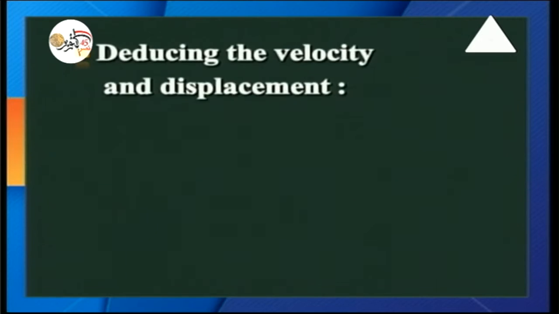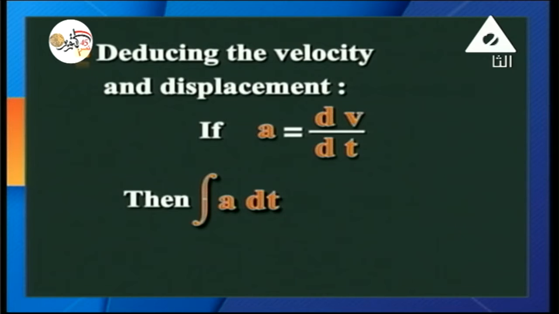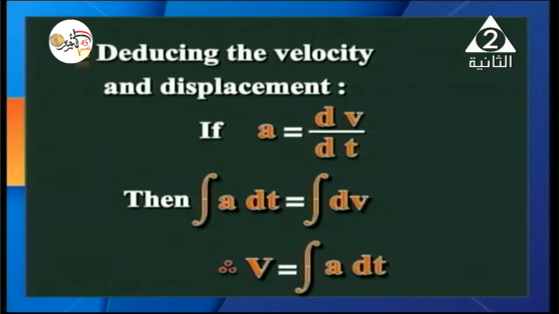Deducing the velocity and displacement. If we have acceleration equals the differentiation of velocity with respect to time t, then we deduce that the integration of acceleration with respect to time t equals the integration of dv. The integration of dv means v, therefore v equals the integration of acceleration with respect to time t.